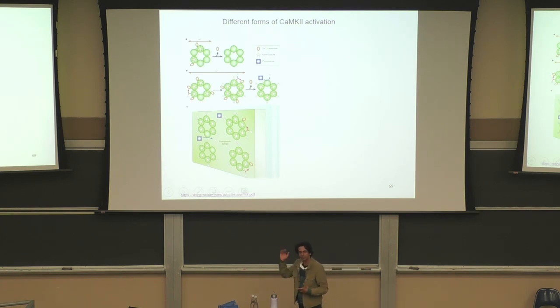So we shouldn't think of these as either LTP happened or LTD happened, but the more common thing in neuroscience in general is that there are opposing forces that are always active at the same time, and in some moments one of the forces wins, and at other moments the other force wins. So there's always this balance between phosphorylation trying to happen versus dephosphorylation through the phosphatase trying to happen.